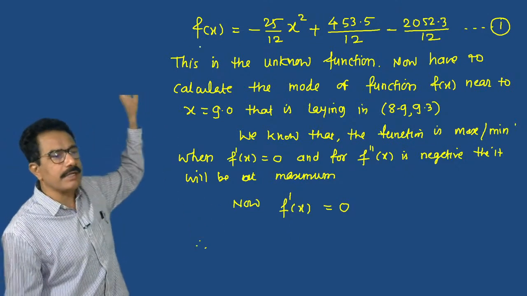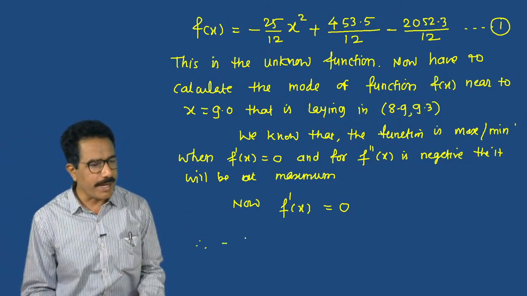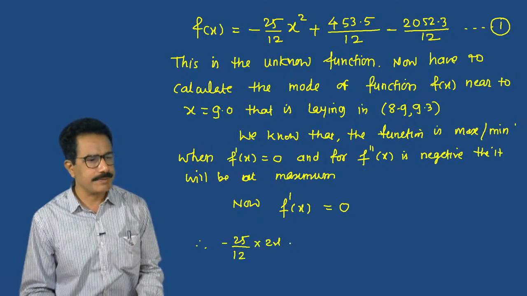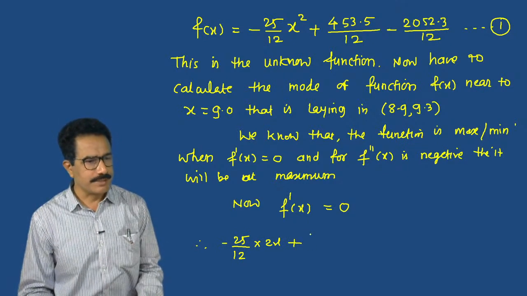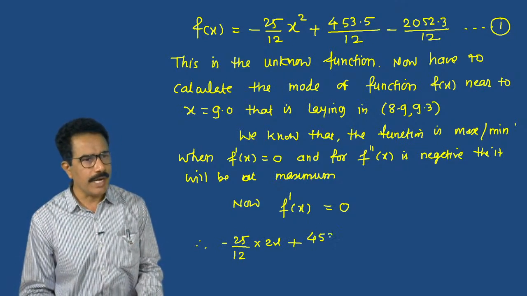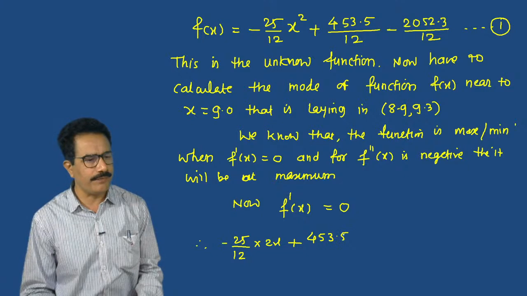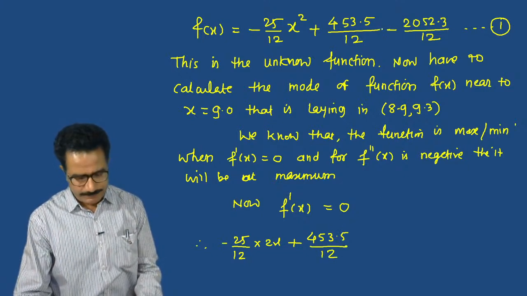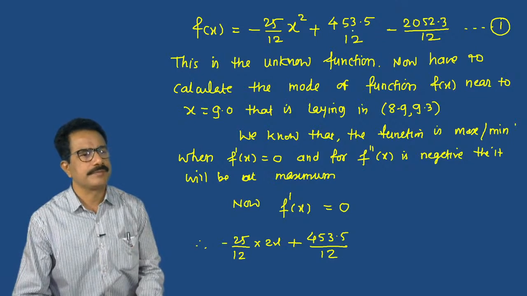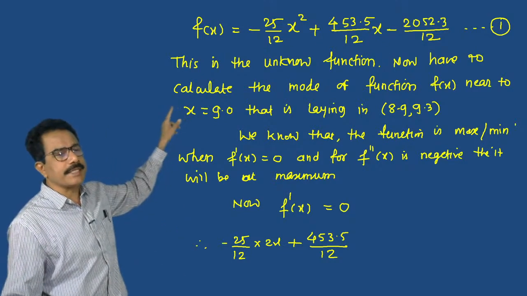Now calculate the derivative of this function. So minus 25 divided by 12 into 2x plus 453.5 divided by 12. This is the quadratic term.